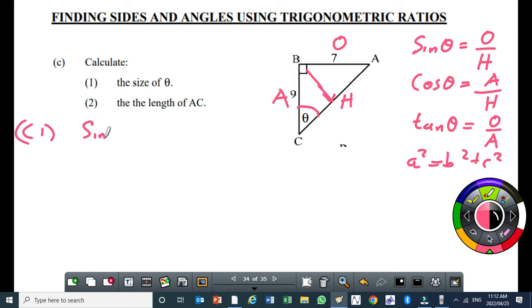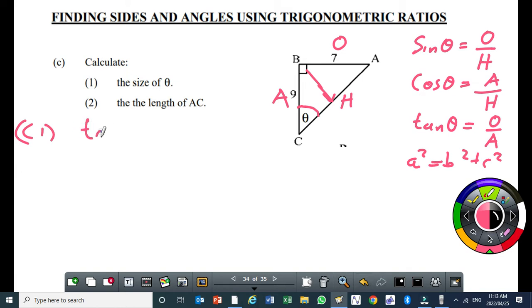So, if I want to do C1, in this case, I can't use sine directly. Okay, what information am I given? I'm given the opposite side and the what? Adjacent side. So which trig ratio can I use there? Tan.